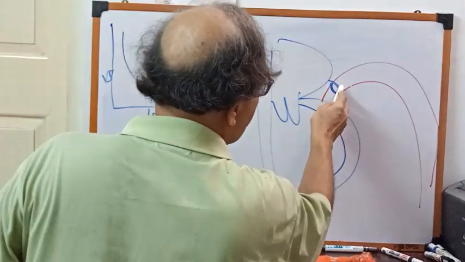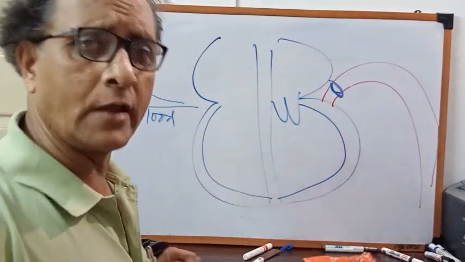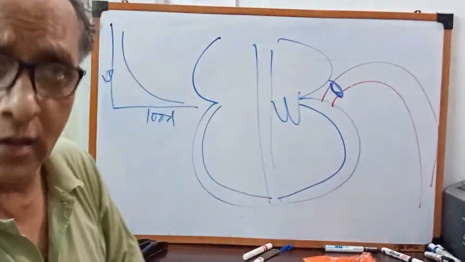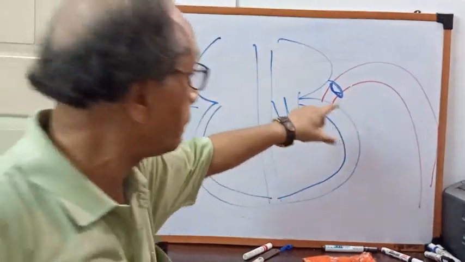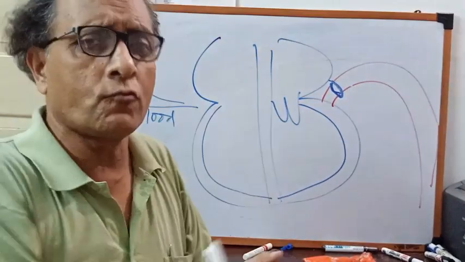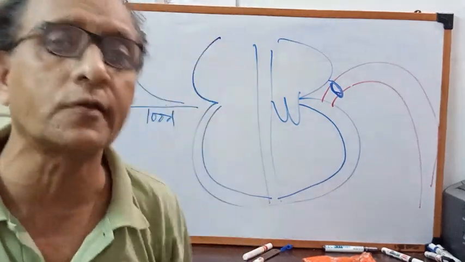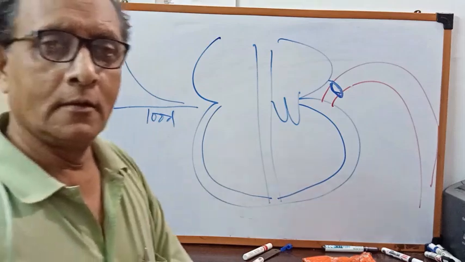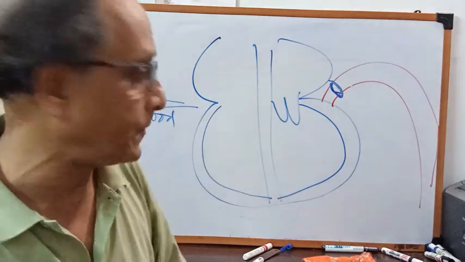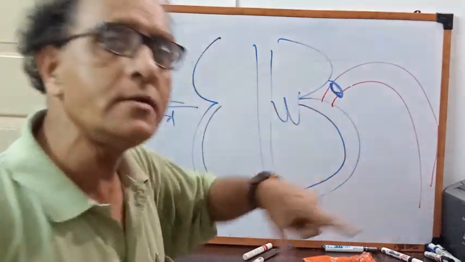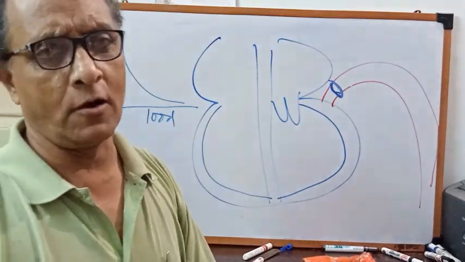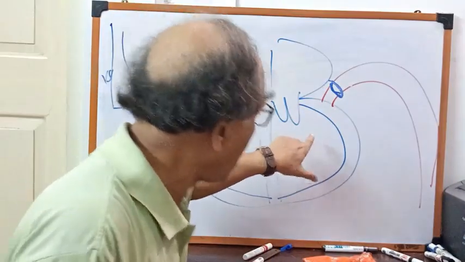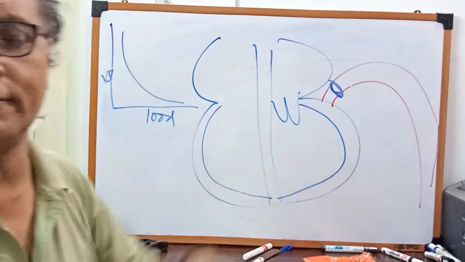If I am increasing the afterload, a point will come where the ventricle, even by its most powerful contraction, cannot eject blood, and we can detect that particular afterload which is just sufficient to stop ventricular ejection. That is the experiment.